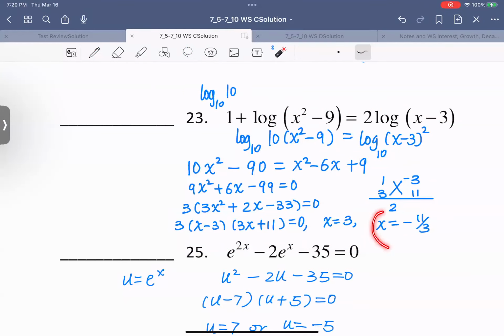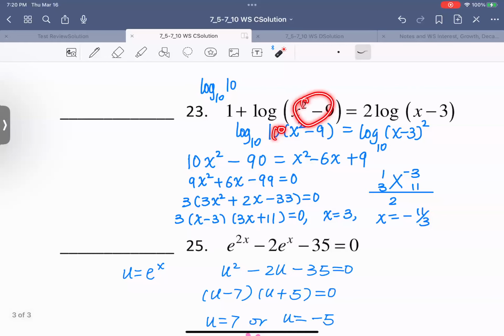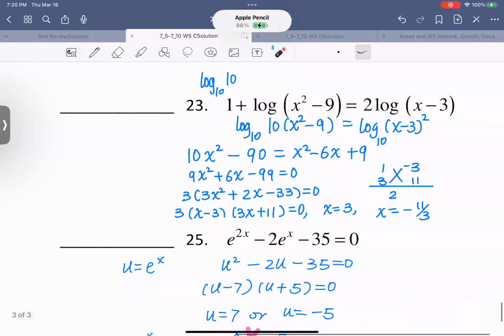When we have this guy here, negative minus 3 is negative. This solution is not possible. When we have here, this is 0. This is also 0. Log base 10, 0 doesn't exist because of the logarithm graph.